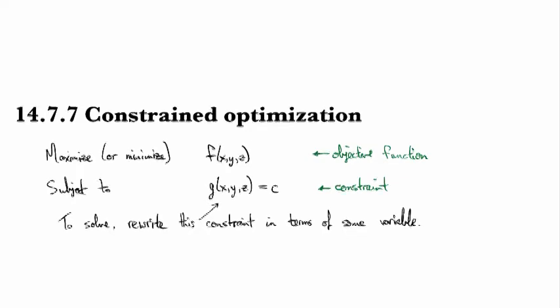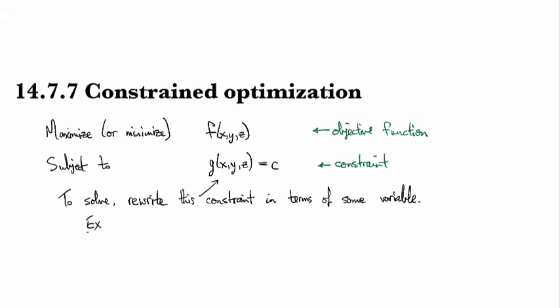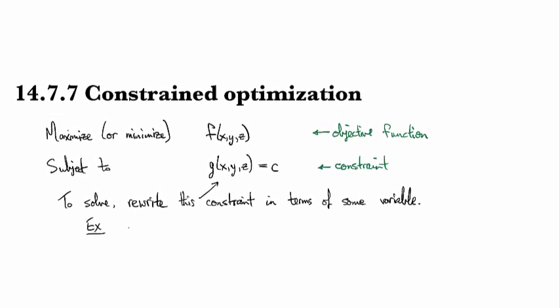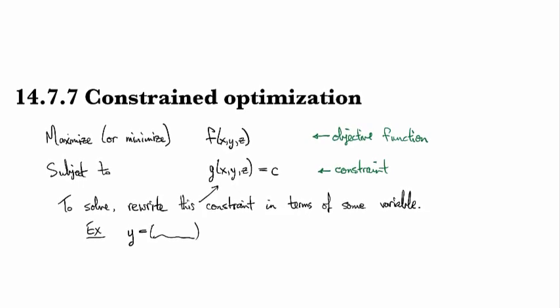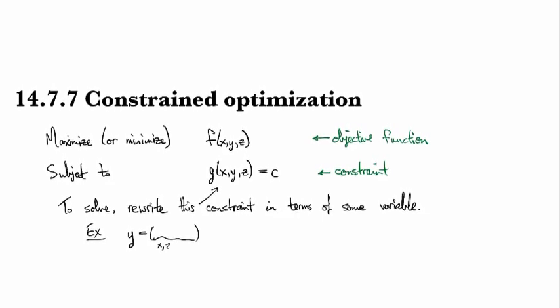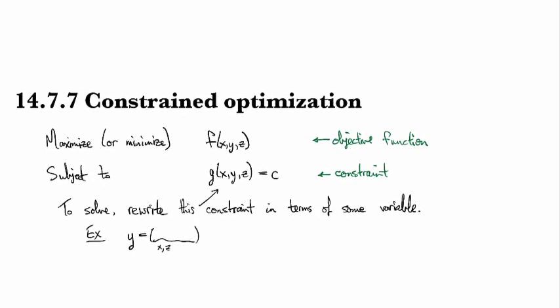Right, so for example, let's say we can solve for y. Say y is equal to some expression here, and there's x's and z's and numbers and whatever else in there.